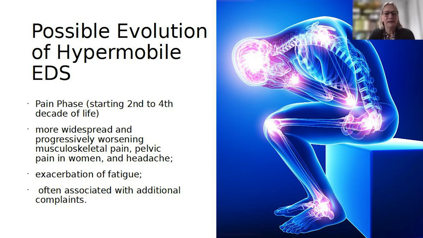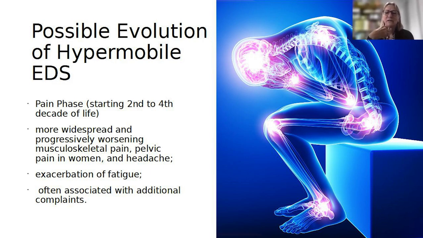As time goes by, in the midlife years, they talk about the pain phase as being the big issue. So you're getting more musculoskeletal pain. In women, there's often pelvic pain, and headaches start to become quite a feature as well. The fatigue really ramps up.